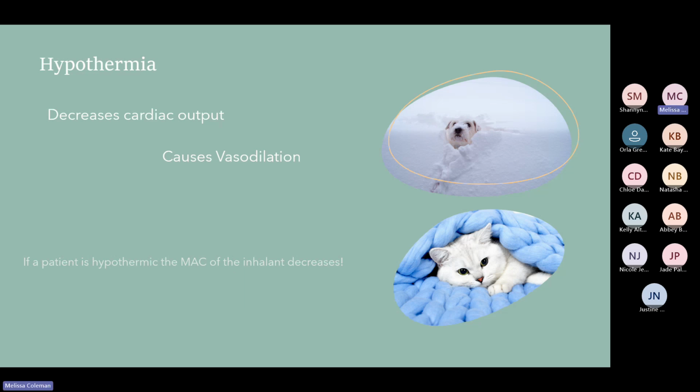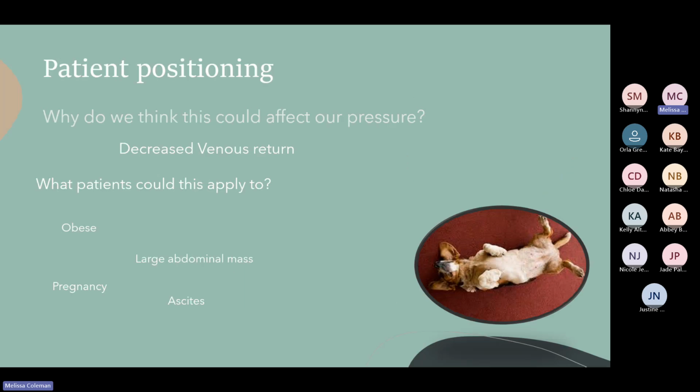And then patient positioning. As we touched on earlier, you have your dog or cat in lateral, you all of a sudden pop them on their back, and then their pressure plummets. This is due to decreased venous return. Your arteries are quite thick and have quite big walls, and they're very hard to flatten essentially.